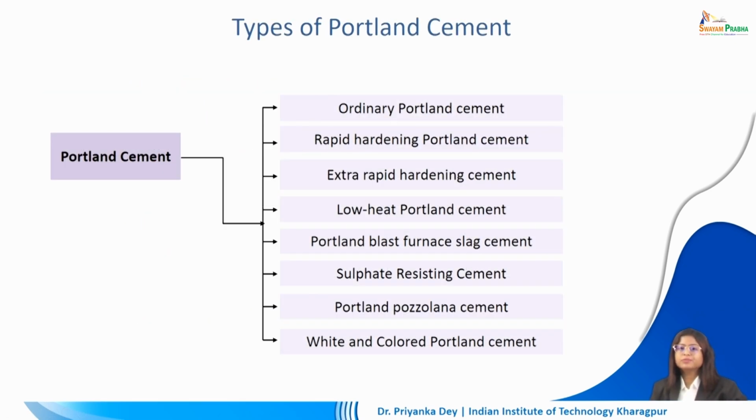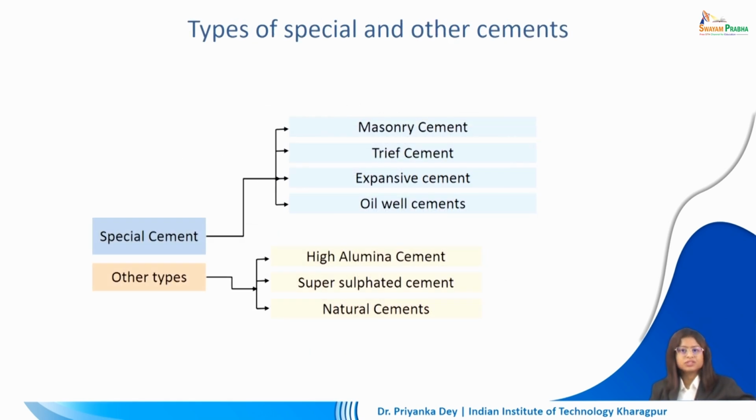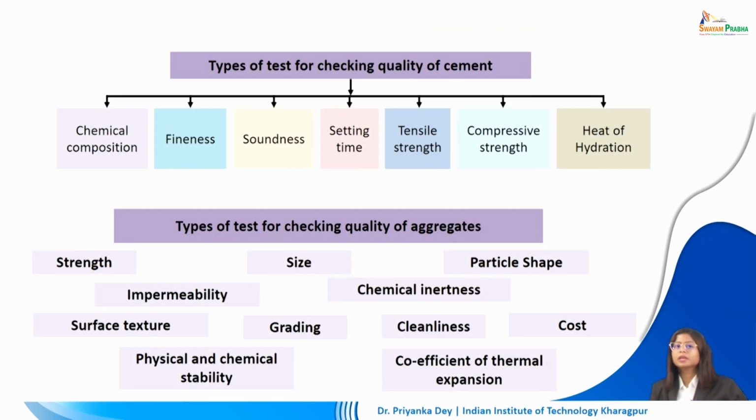These are the subtypes of Portland cement that we were just discussing, and special cement and other cement subcategories. There are many quality tests that we can perform on our cement to ensure it's the right kind. We check first the chemical composition, followed by the fineness, the soundness, the setting time, the tensile strength and compressive strength, and the heat of hydration.